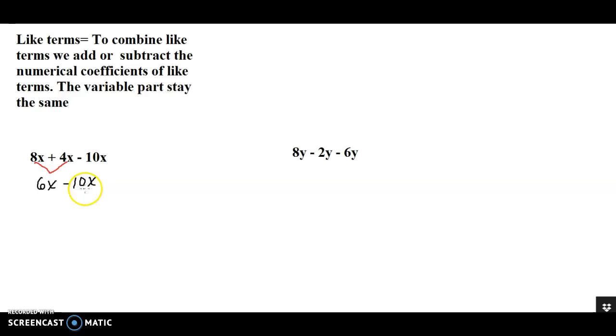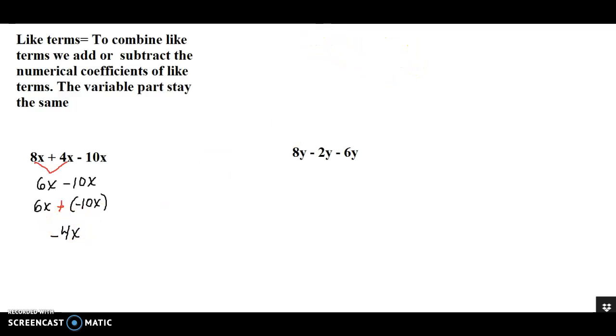Okay, and we know from our subtraction, the next step is to look at this as 12x, change that to a plus, and then take the opposite of the second number, and then we have 12x plus a negative 10x, which we know is 2x. So I have combined the like terms.